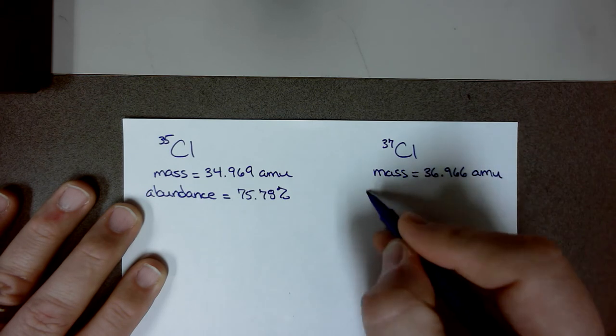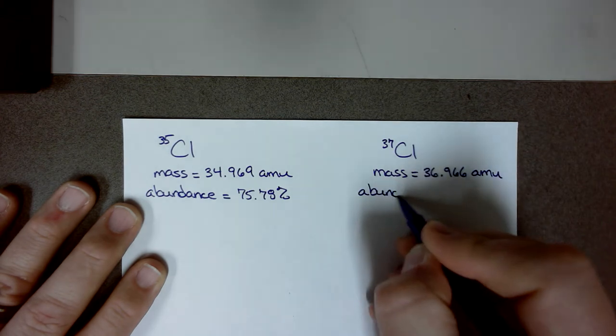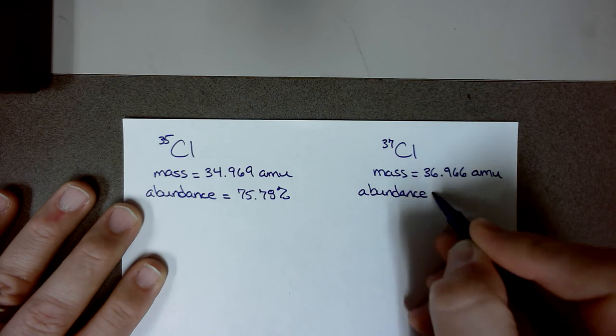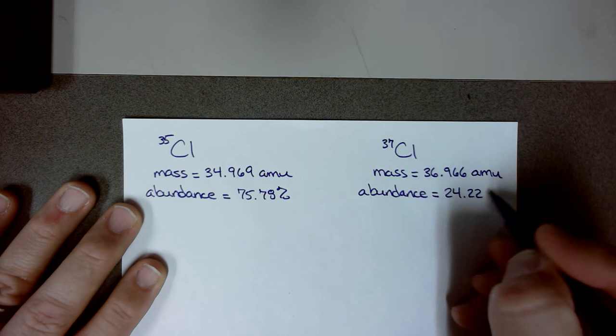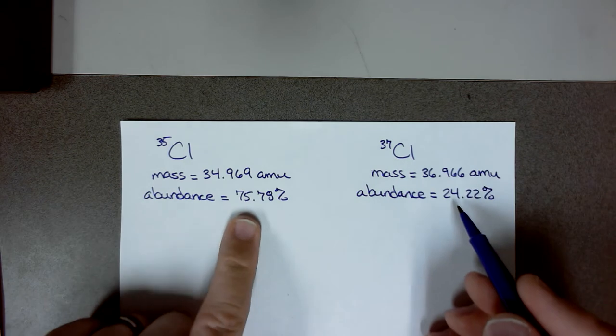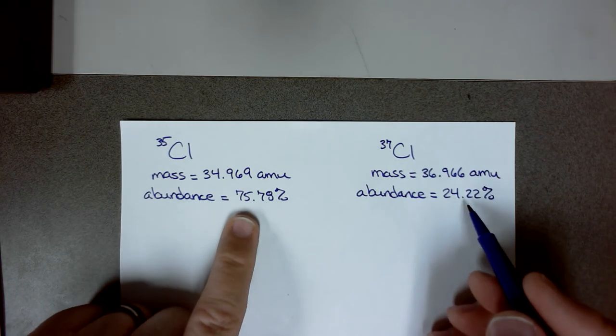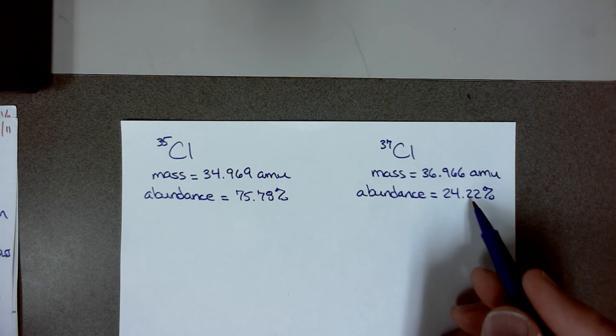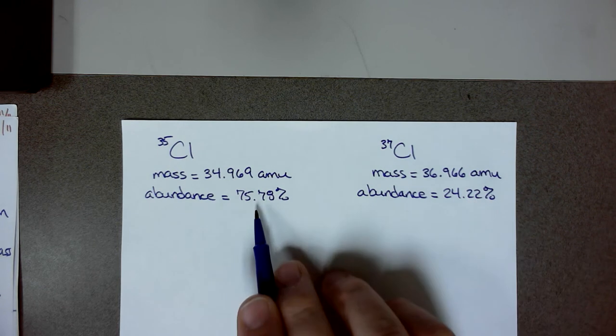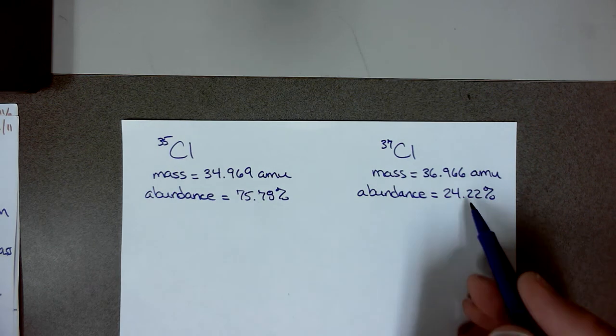And then it has an abundance equal to 24.22%. Now the abundances have to add up to 100%. So if they don't report a percentage, you just take 100 minus whatever the other percent is, and that'll give you that percentage.